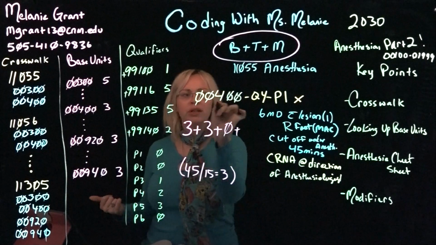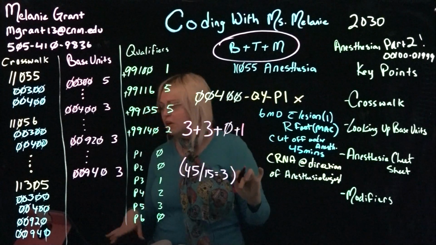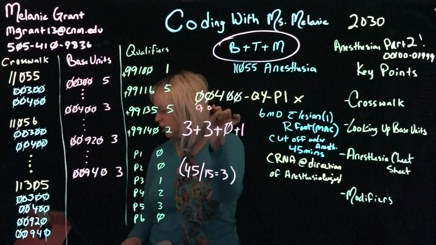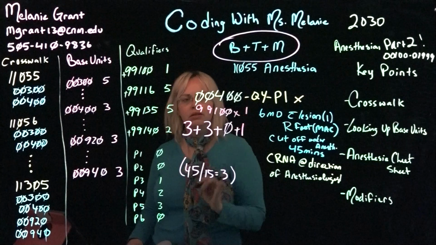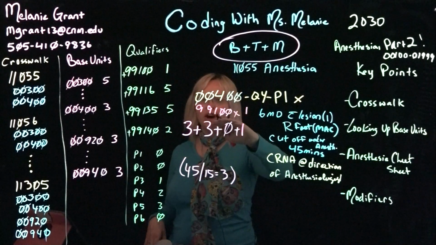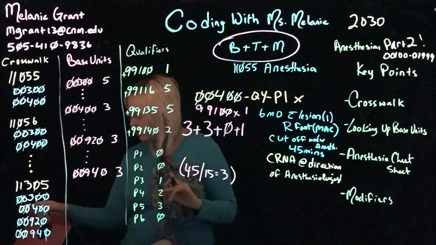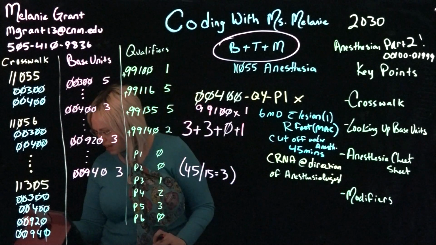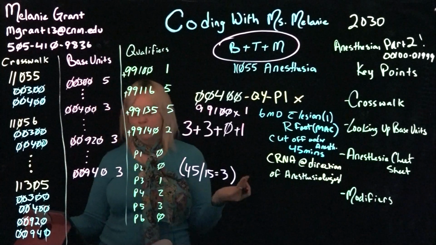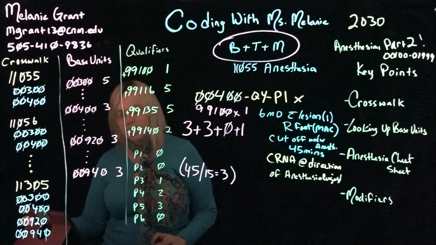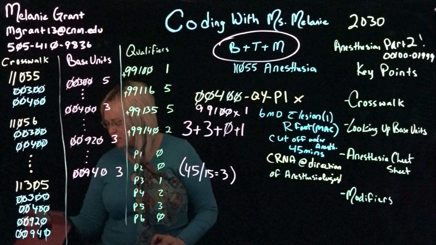So now I'm going to not only add a 1 for that, but I'm also going to add code 99100 times 1, because that just got added on since the patient is of extreme age. Other qualifiers are for patients experiencing body hypothermia, so they're freezing, hypotension, their blood pressure is very low, or they're complicated by emergency conditions.